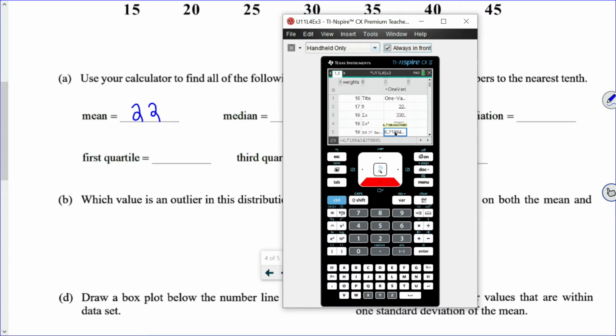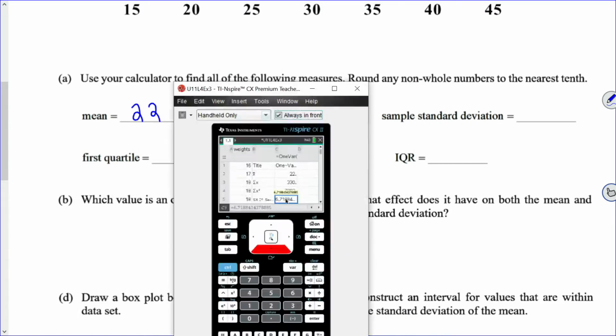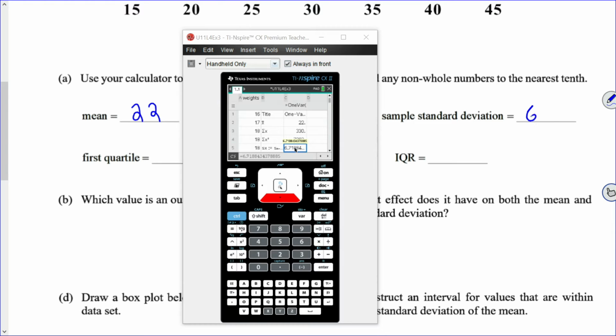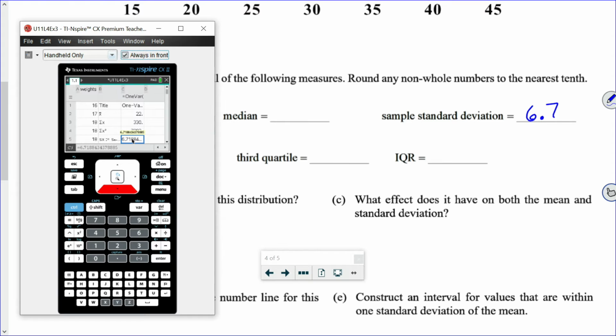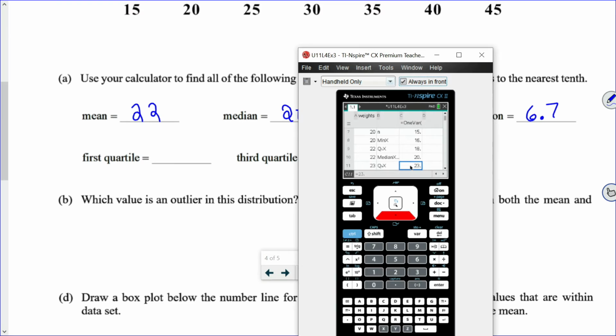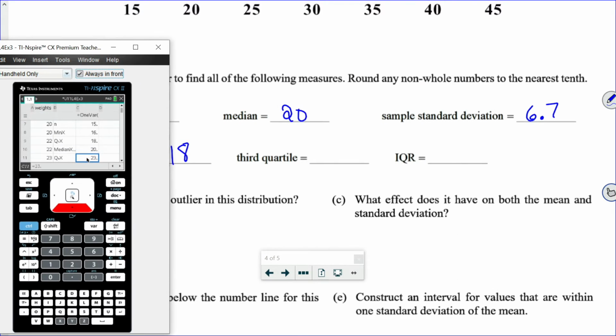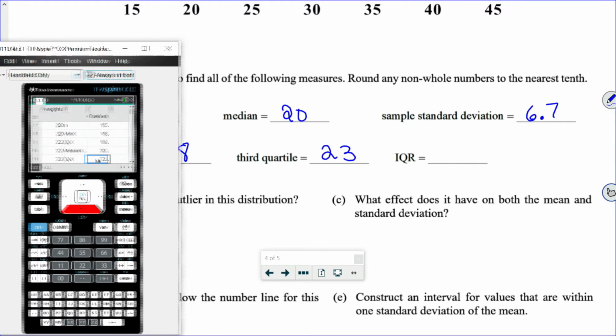My standard deviation is 6.7. I'm looking for my median and my quartiles. Here we go. My median is 20. My first quartile is 18. My third quartile is 23. And we'll calculate our IQR in just a moment.